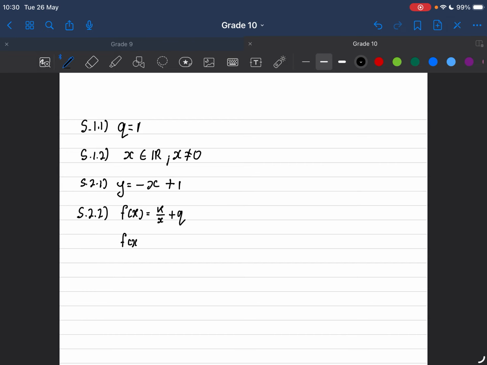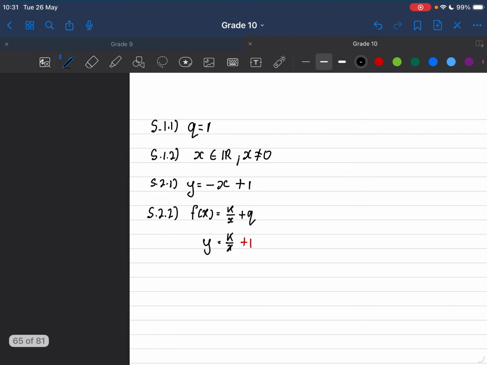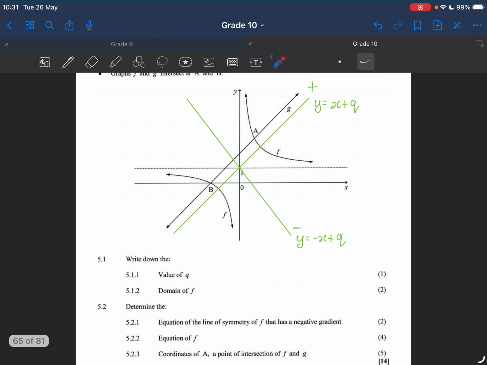So f of x is equal to k over x plus 1. Now in order to solve this, obviously we stop writing f of x at this point. We can just write y is equal to k over x plus 1. We need a coordinate to sub in for x and y. So that's the way we solve the equation of a hyperbola. You've got the asymptote, you need one coordinate.